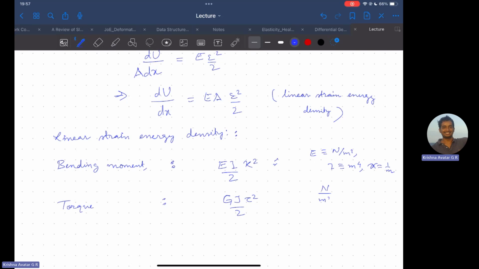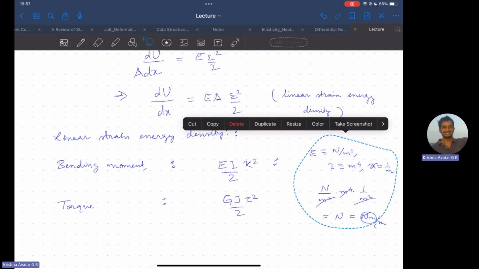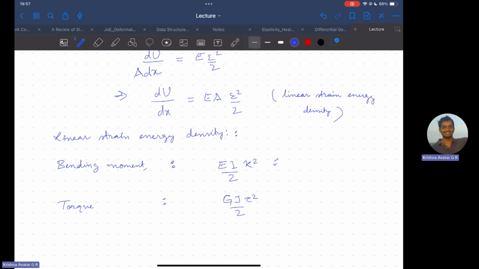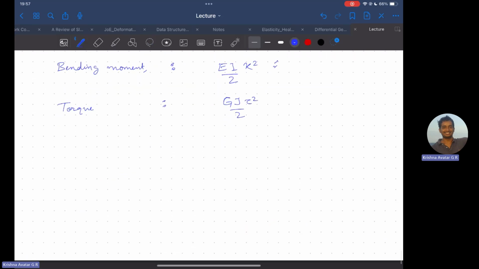So Newton per meter square, meter to the power 4, into 1 by meter squared. So this cancels out, so it's Newton, and Newton is like Newton meter per meter. You can clearly see that it's energy, which is Newton meter divided by meter. So we have just verified that the units are dimensionally consistent. So I think this is what we were aiming at.